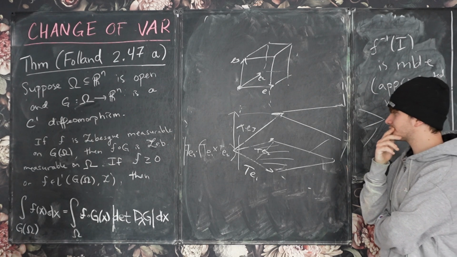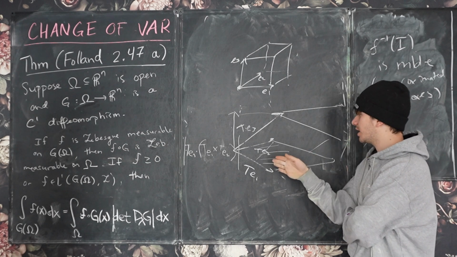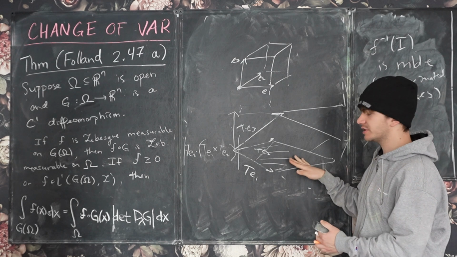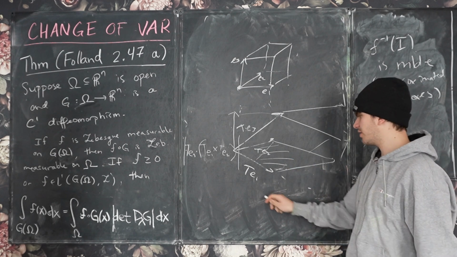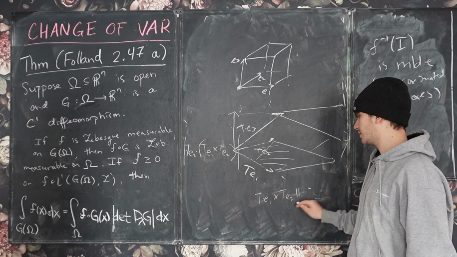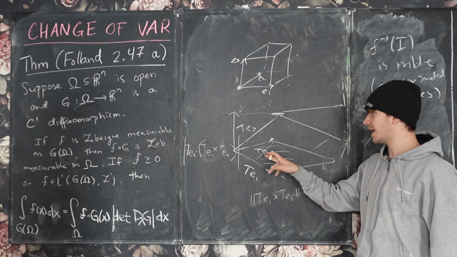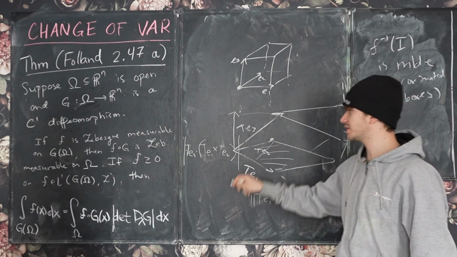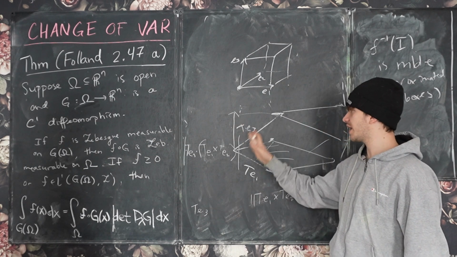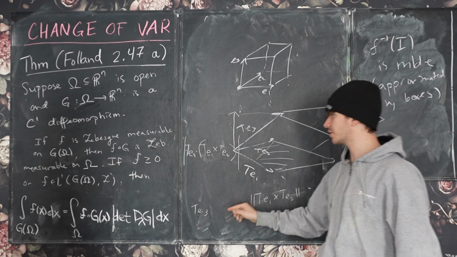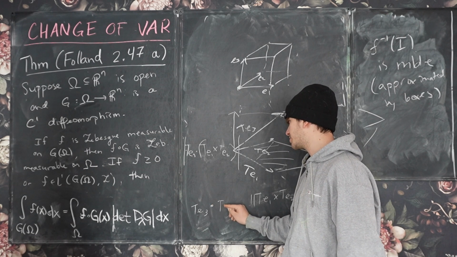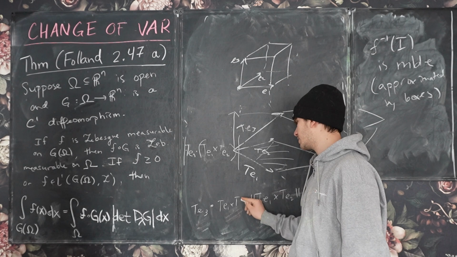So I think this is pretty close. If I'm getting you correctly, you want the area of this base, and the area of the base is going to be the magnitude of this cross product. Then you multiply by the height, which is the projection of this vector TE3 onto the normal vector, like you said, which is TE1 cross TE2.